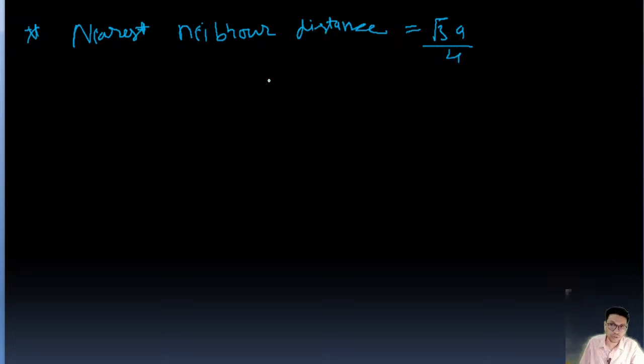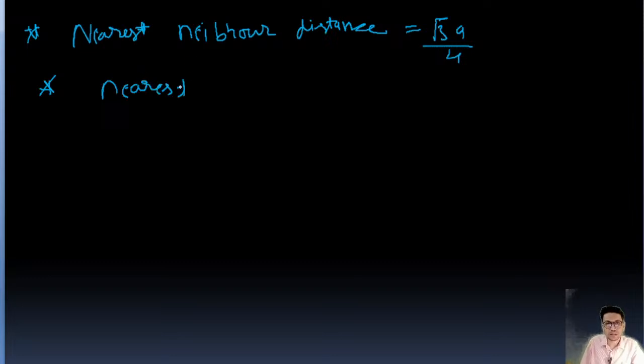Nearest neighbor distance is root 3a upon 4, okay. Next, nearest neighbors, that is the coordination number, the number of first nearest neighbors, okay.